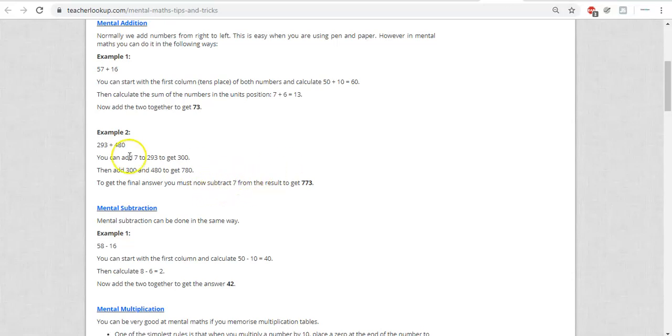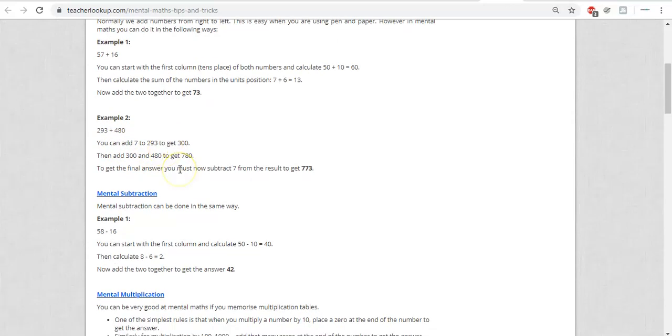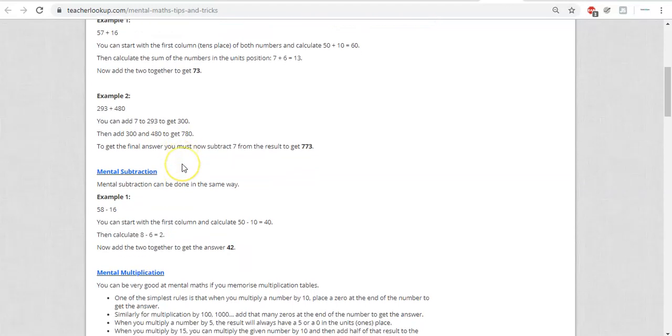You know why we subtract 7 here? Because we added 7 earlier to get 293 close to 300, as 300 is much easier to add than 293.